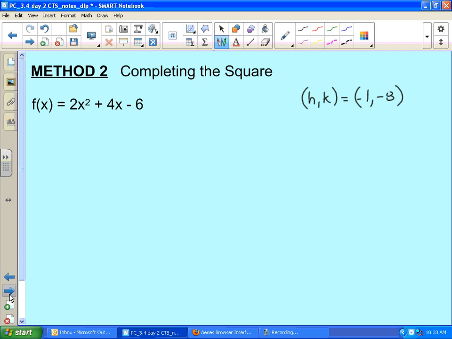Are you able to take that and put it into this form? Yes or no? If you think you are, go ahead and try and write the vertex form of that equation, now that we know h and k.